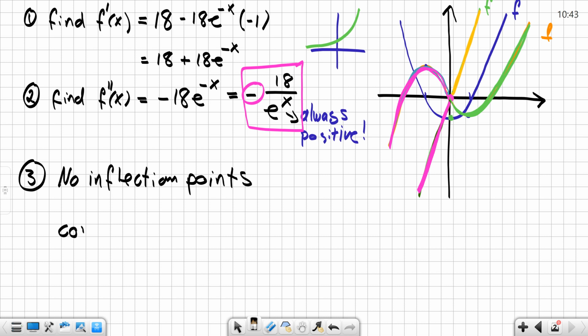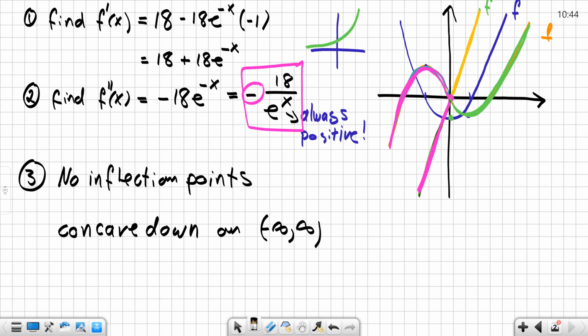Concave down on the open interval from negative infinity to positive infinity, everywhere where my original function was defined.